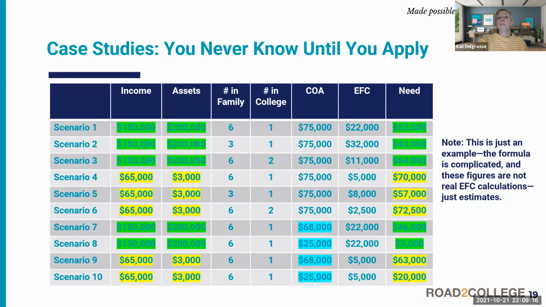Because if you're from one of those zip codes that are more expensive, it will help you in the formula. Maybe in the scenario one, if you are a family that lives in San Francisco, for example, maybe your EFC goes down a little bit to 21,000 or something like that, or 20,000 if you're from a certain high cost area versus someone who is from rural Pennsylvania, where the EFC might come out to the 22,000 in that example.